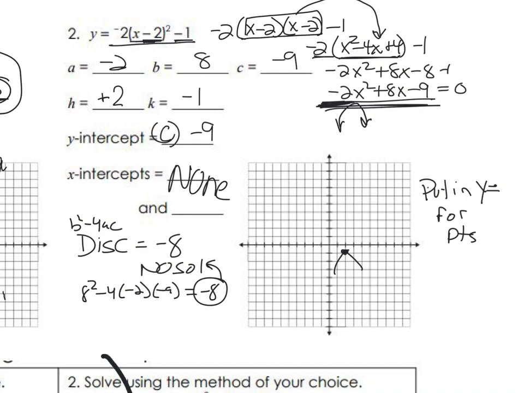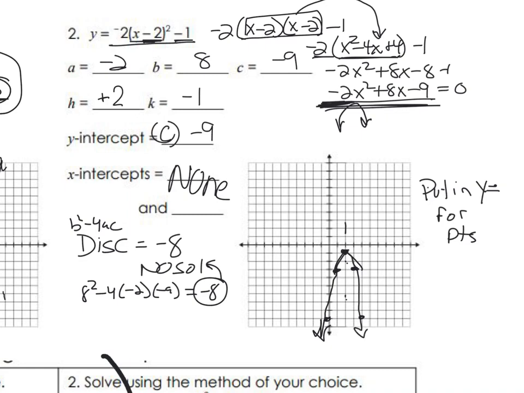If I go to my table and look, I can see that 1, -3 is a point. And this is your line of symmetry, right? So that means that also 3, -3 is a point. 4, -9 is a point as well. So I can draw my graph.